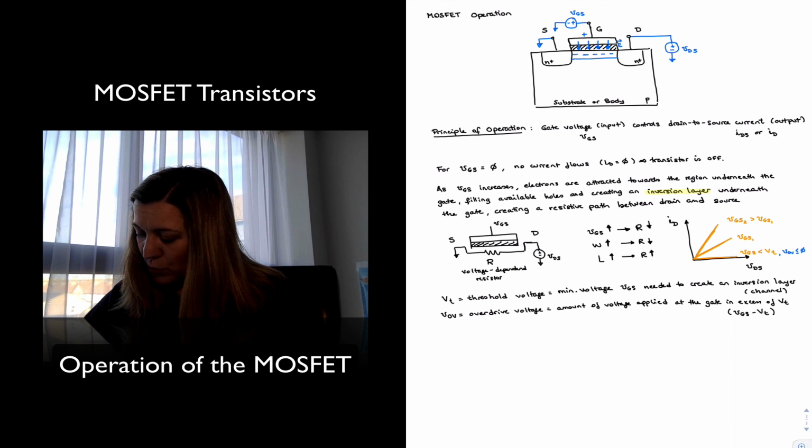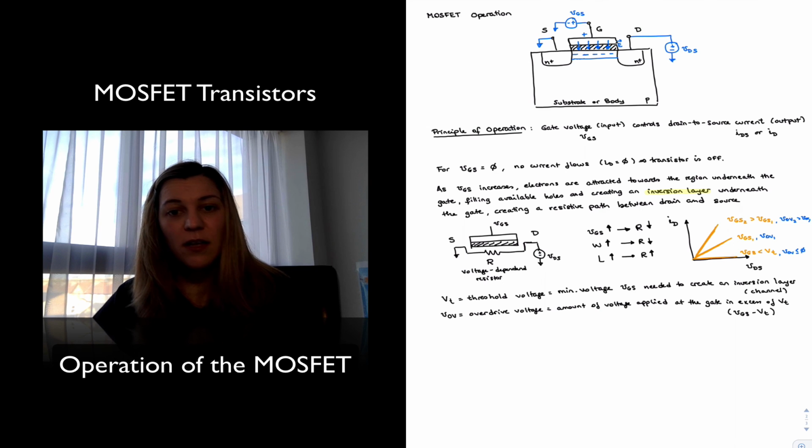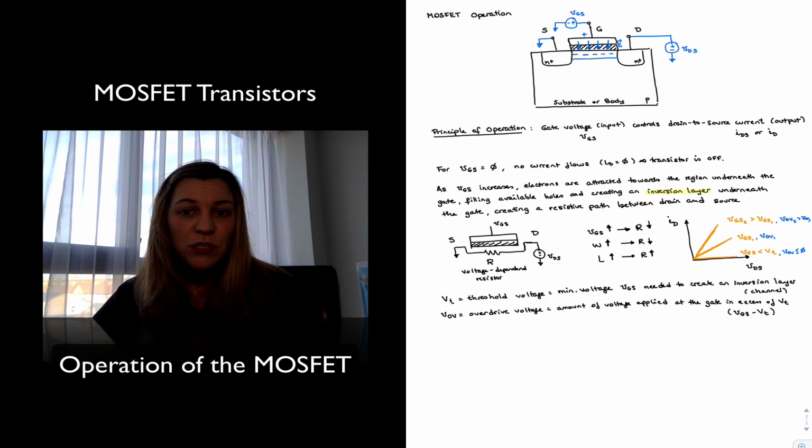And then this will correspond to overdrive voltage 1, and this will correspond to overdrive voltage 2, greater than overdrive voltage 1. So we can express things in terms of either just simply the raw VGS signal or the overdrive voltage, which is simply going to be the gate signal minus the threshold voltage.